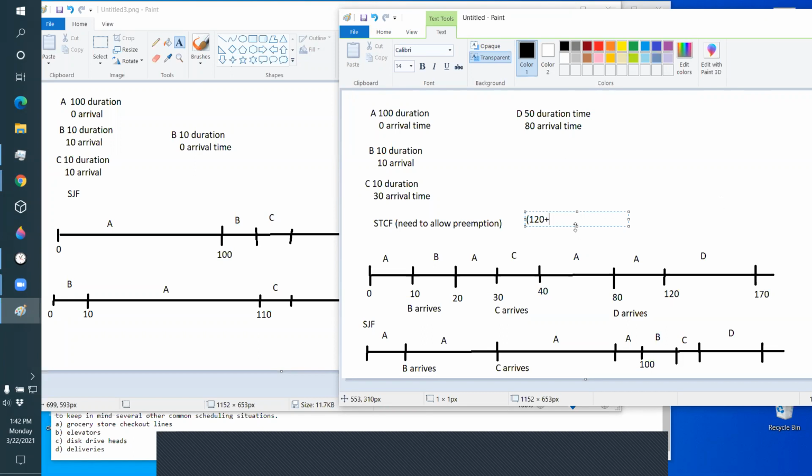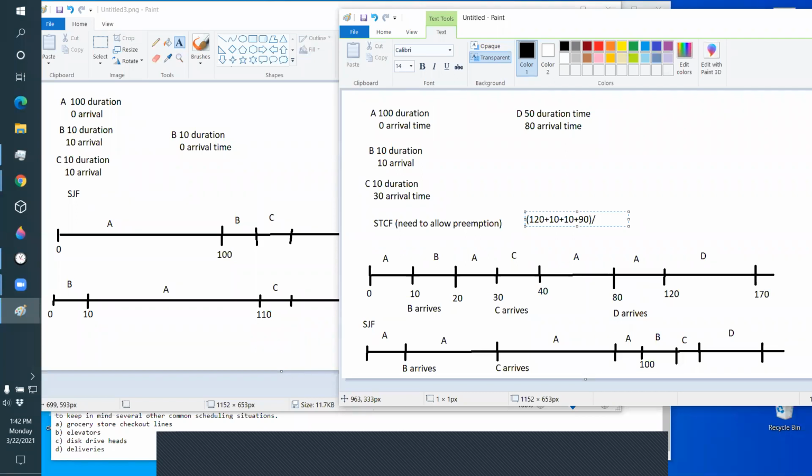He started at time 10 and ended at time 20, so his turnaround time is 10. C started at time 30, ended at time 40, so his turnaround time is 10. And D arrived at 80 and finished at 170, so his turnaround time is 90.